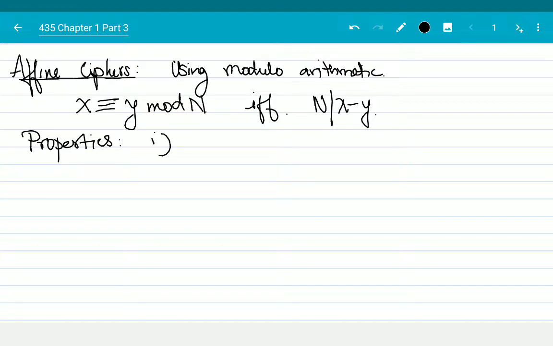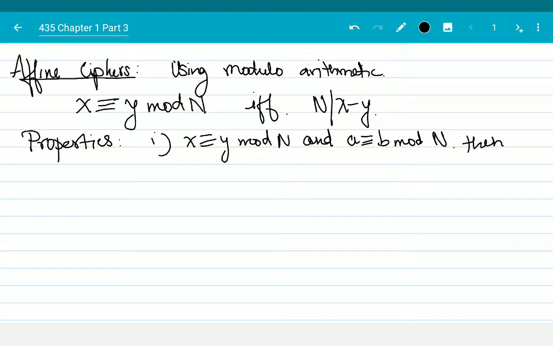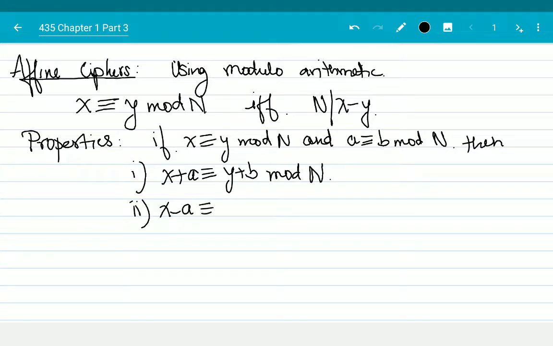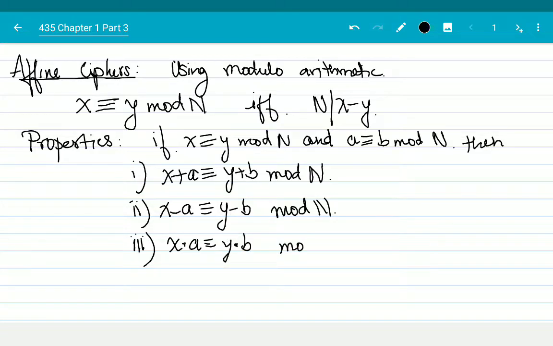First, if x is congruent to y mod n and a is congruent to b mod n, then first, x plus a is congruent to y plus b mod n; second, x minus a is congruent to y minus b mod n, really easy; and third, x times a is congruent to y times b mod n.